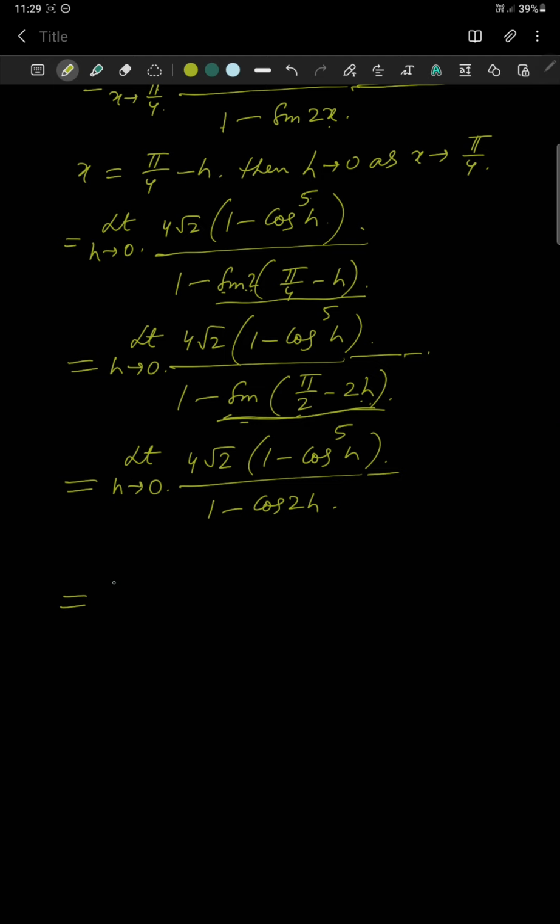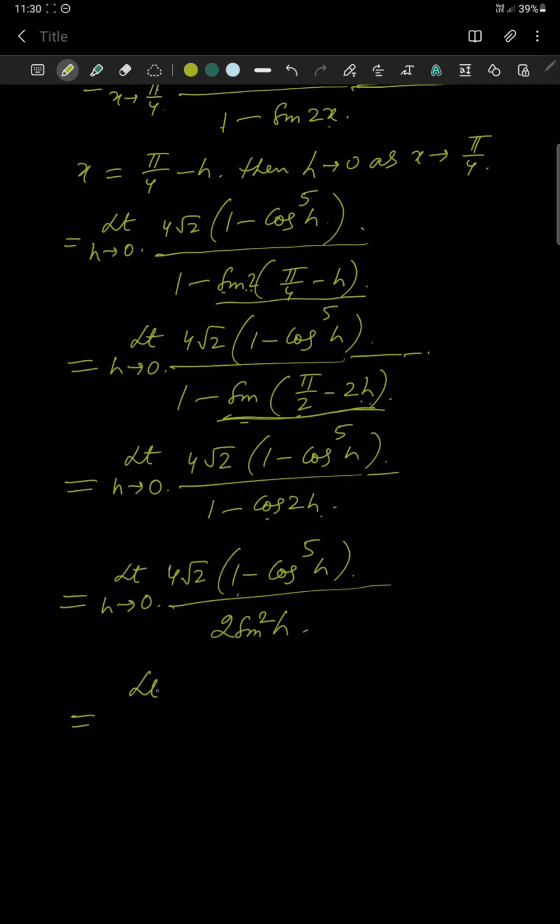Now what is happening is limit h tending to 0 as it is, and 4 root 2 we can write, 1 minus cos 5h as it is. We will expand it later on. I will show you how it is expanded. And this 1 minus cos 2h, using the multiple and submultiple formula, will become 2 sine square h.